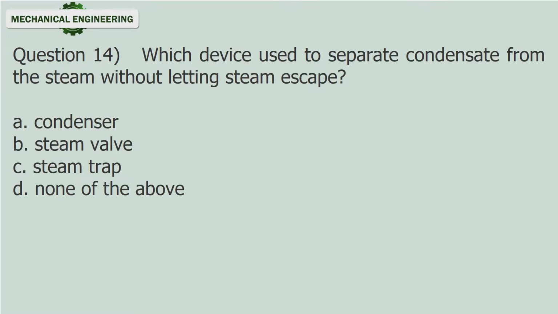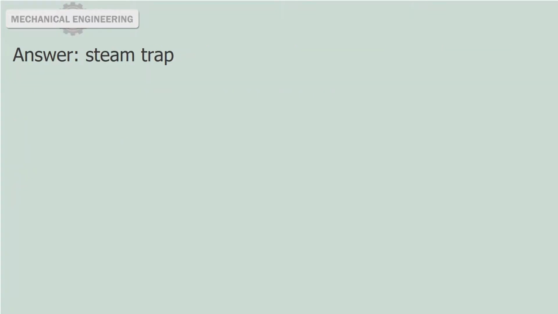Question 14. Which device is used to separate condensate from the steam without letting steam escape? A. Condenser. B. Steam valve. C. Steam trap. D. None of the above. Answer: steam trap.